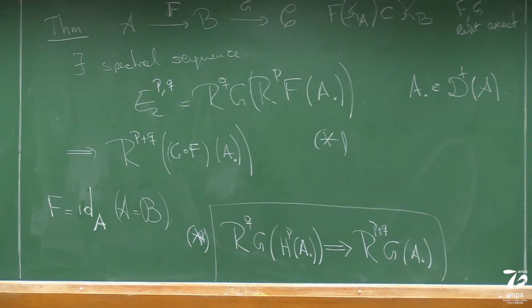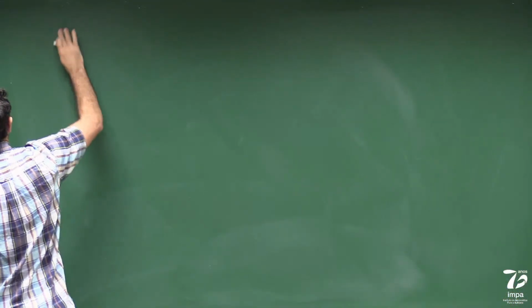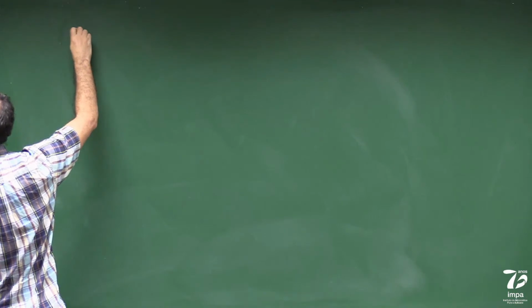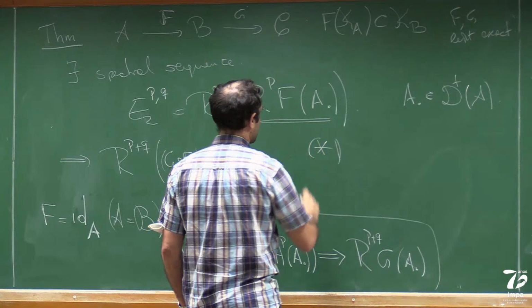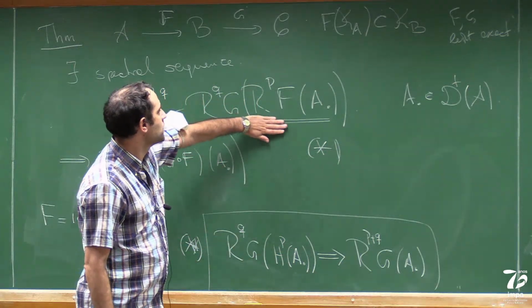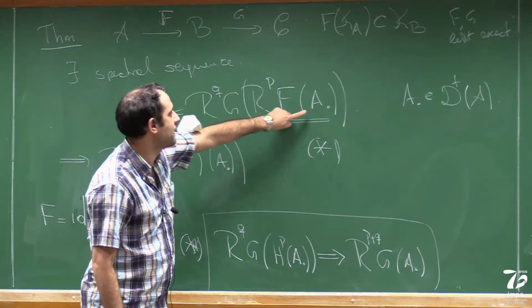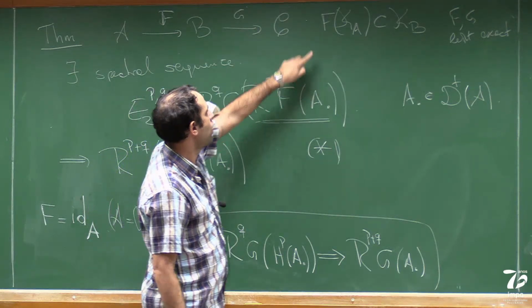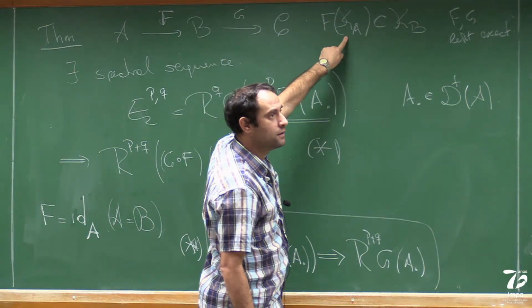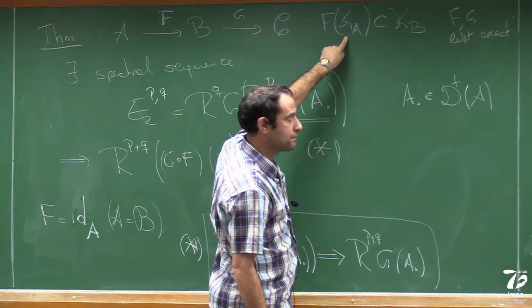So let's suppose that A, so remember that we have this equivalence. So how do we compute this thing here? This thing here was computed by, or the derived functor R of F was computed by replacing A by an object here in K of A in the derived category of that.